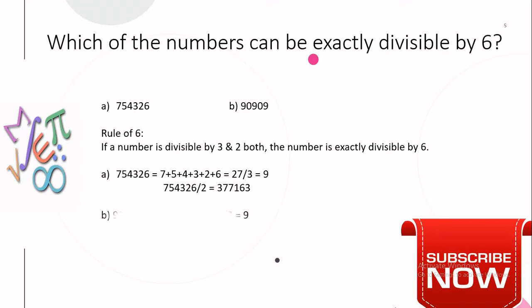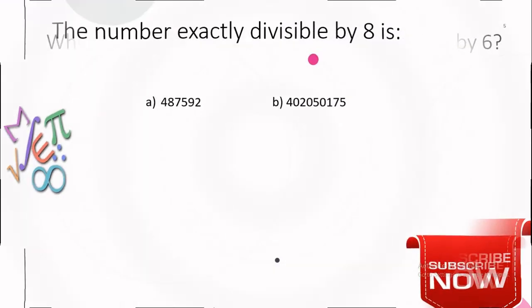Let's see option B, 90909. If we add 9 plus 0 plus 9 plus 0 plus 9, we get 27, which is divisible by 9. But 90909 is not divisible by 2. If you look at the last digit, it is an odd number, and an odd number cannot be divisible by 2. So you get the answer.